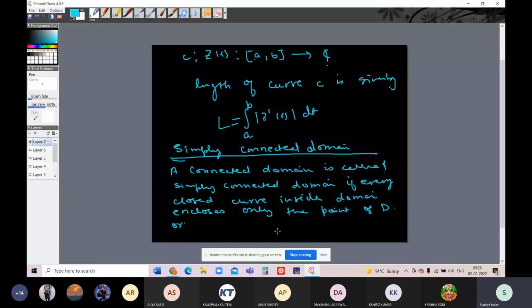So suppose the domain name is D. If we draw any simple curve which lies in the domain D, we can also say that the curve can be shrunk to a point inside the domain without leaving the domain.